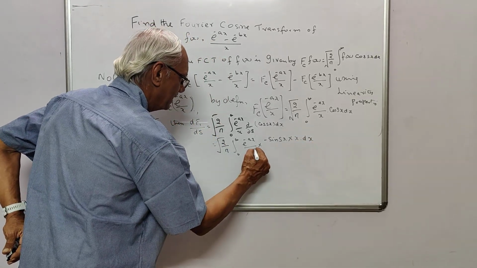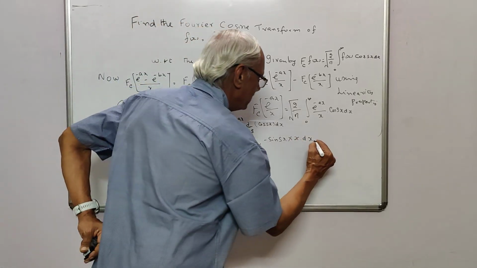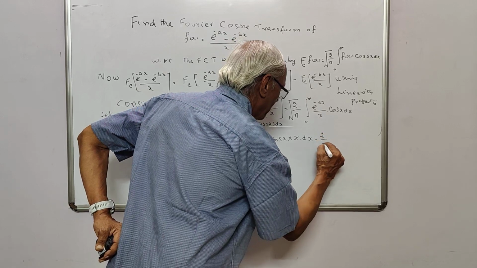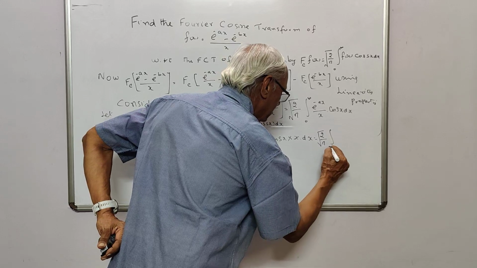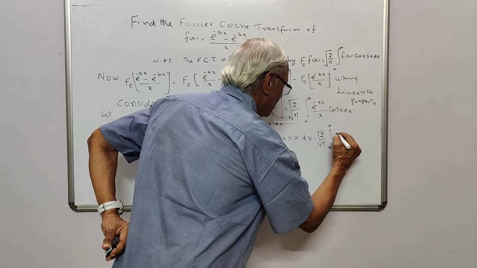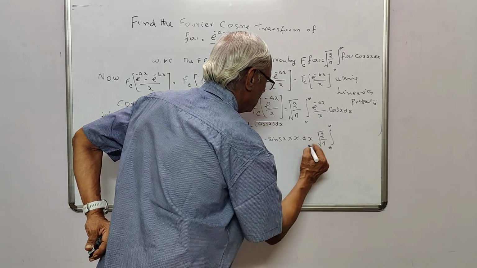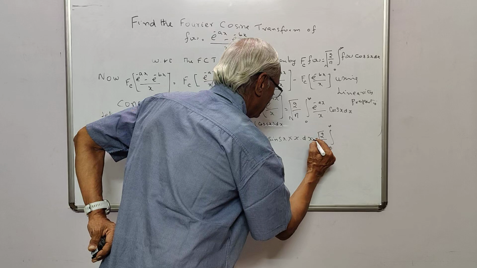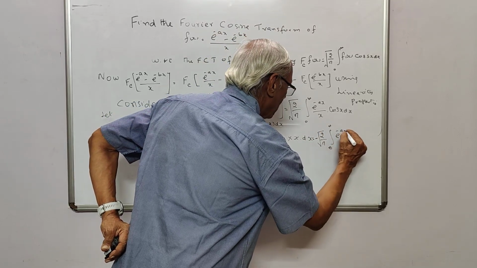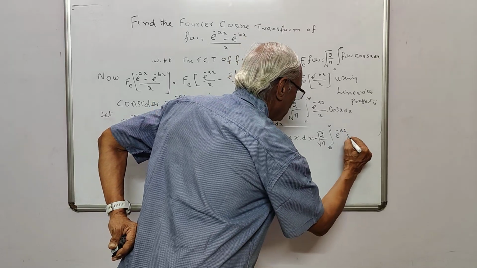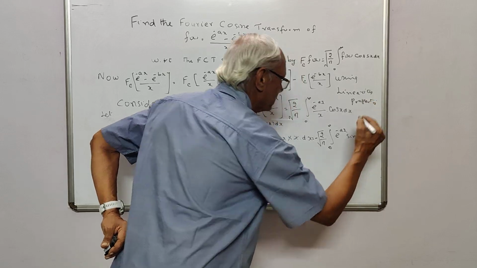So you see that this x and this x will get cancelled. So you see that you are left with 2 by pi square root of this, it is 0 to infinity, take this minus sign outside, so this is equal to minus e to the power of minus ax into sin sx into dx.